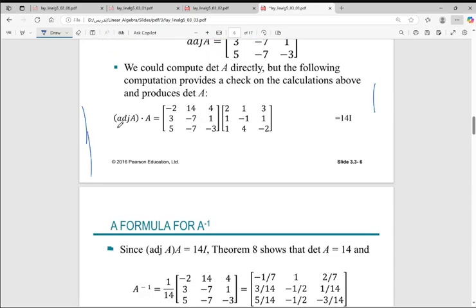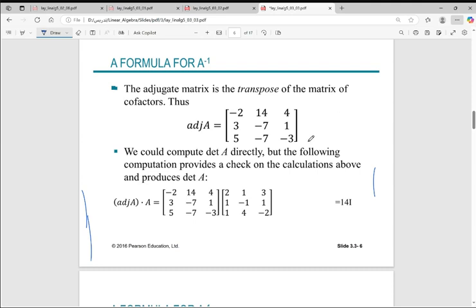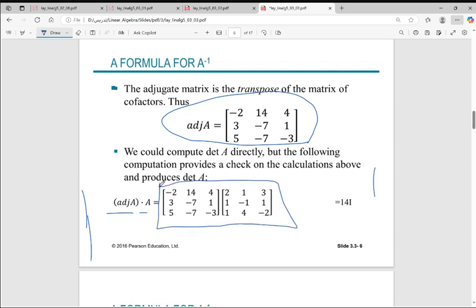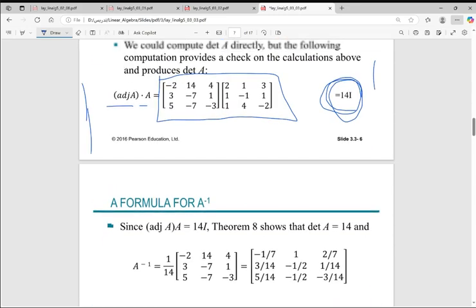So we computed adjugate of A, and we have A. Multiplication of these two gives you this matrix, 14 times identity matrix.